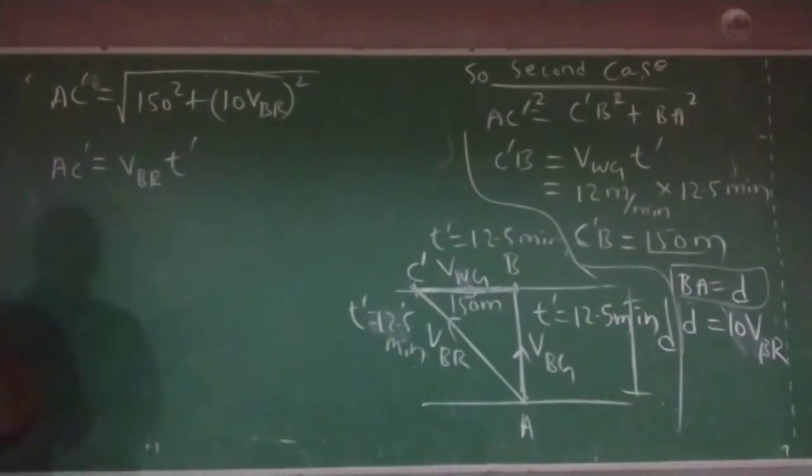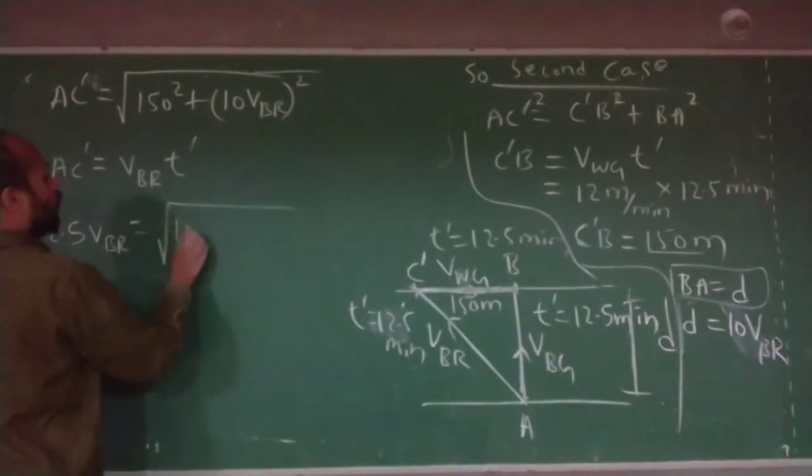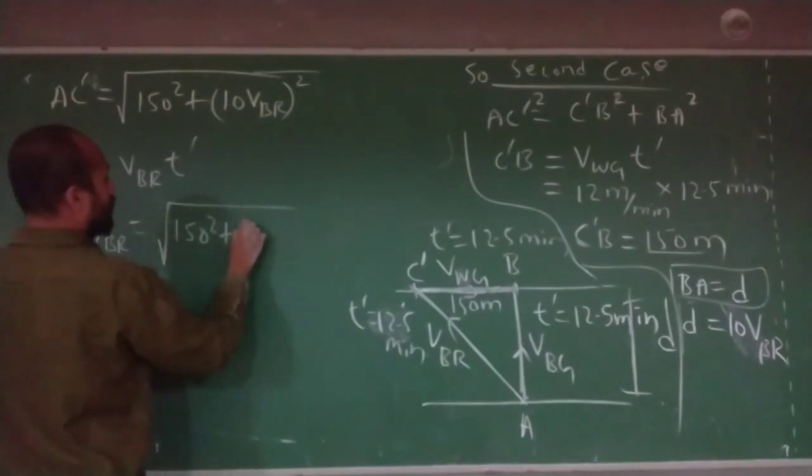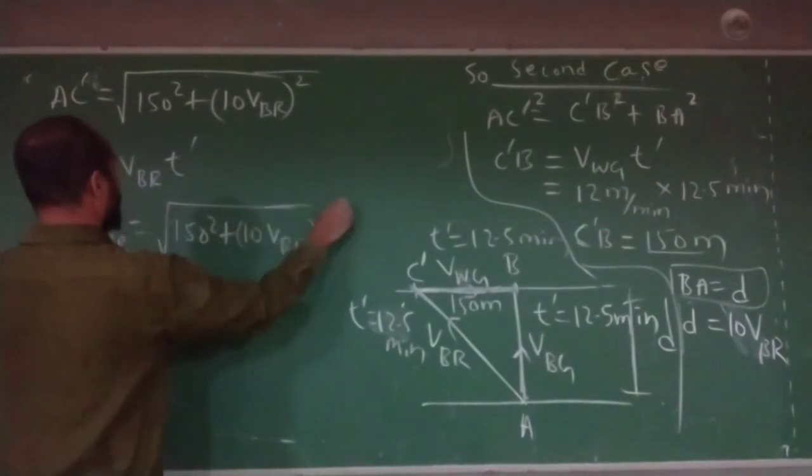So see here, VBR into T dash, T dash is 12.5 minute. VBR into 12.5 will be equal to root of 150 square plus 10 VBR whole square.